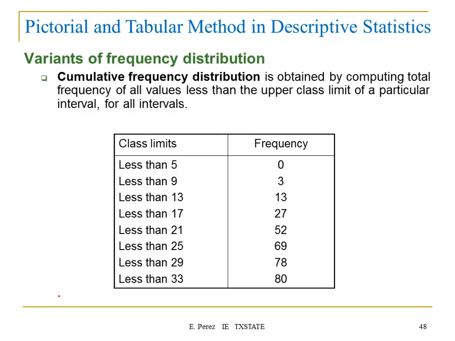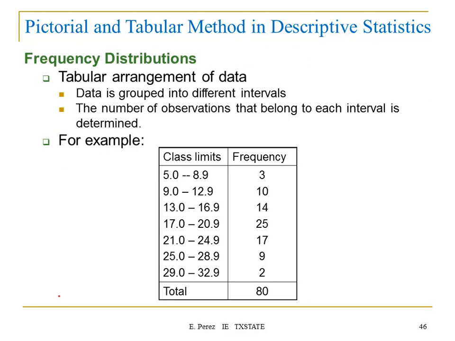But again, I'm getting ahead. Just understand the meaning of the term cumulative. You start adding all the units that satisfy this particular limit, and that includes the bins that are below. For this one, we only count those that satisfy this last limit.